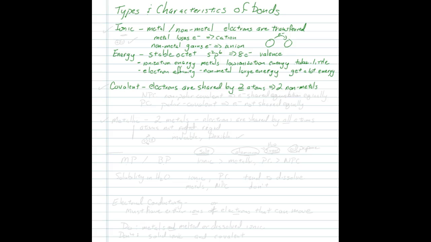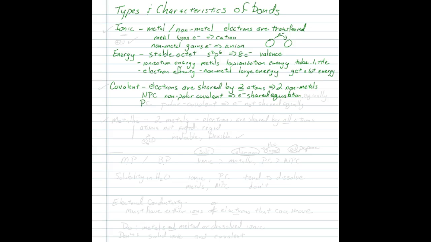Now there are two types of covalent compounds, as I mentioned. There are non-polar covalent, NPC. In non-polar covalent, the electrons are shared equally. Each atom gets the electron half the time.